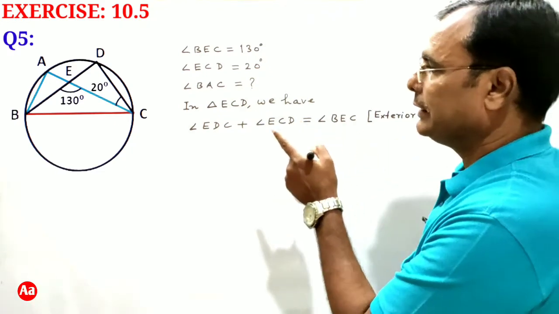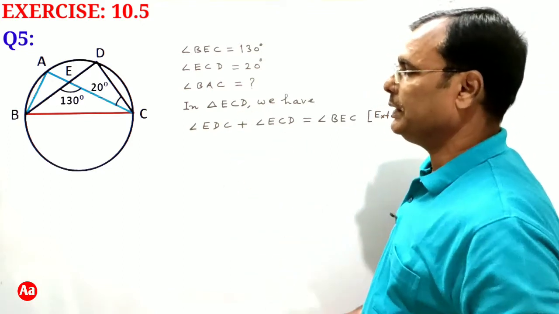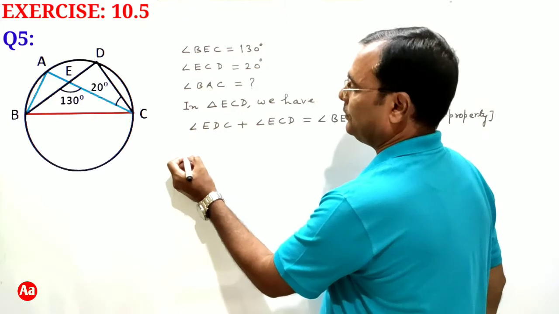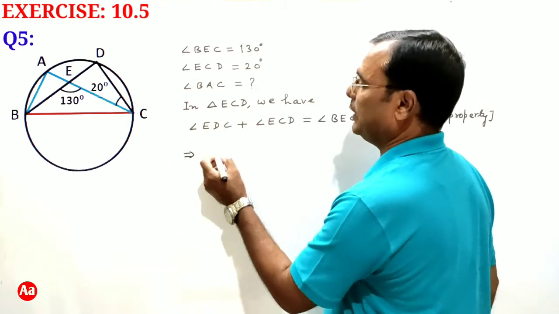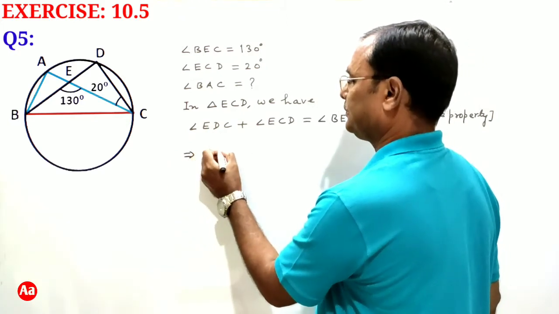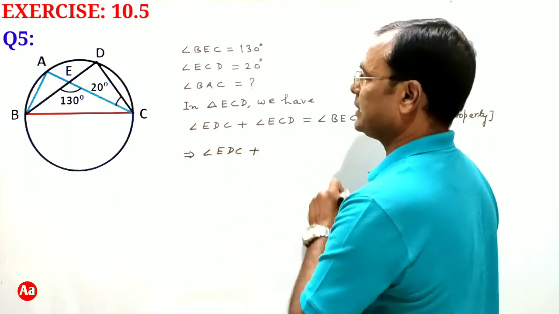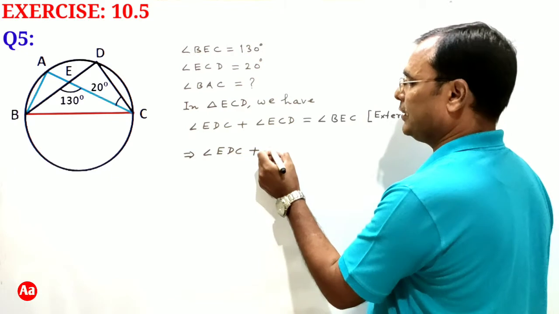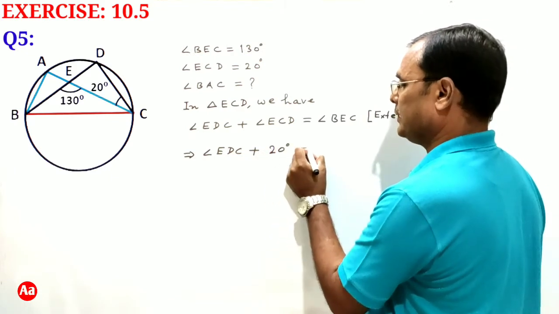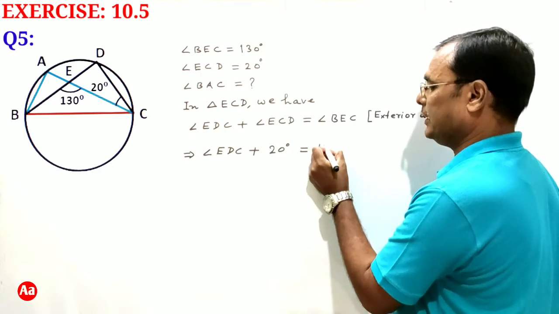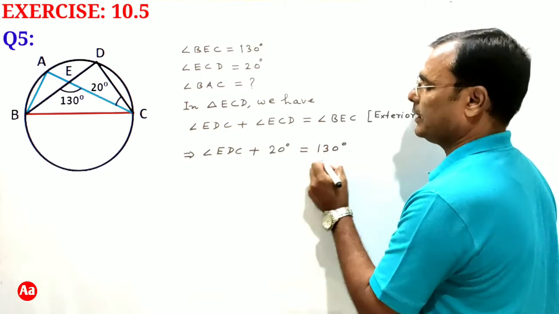Because for triangle ECD, angle BEC is an exterior angle. So this implies angle EDC plus angle ECD, which is already given 20 degrees, is equal to angle BEC, 130 degrees.